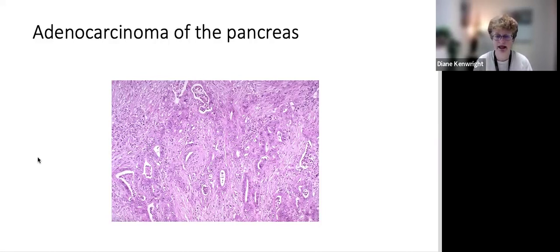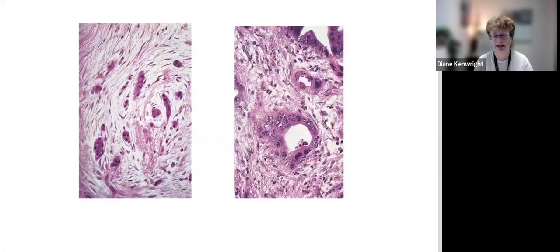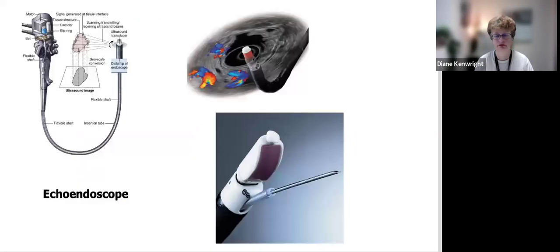We have malignant glands infiltrating through pancreatic and adjacent tissue, composed of pleomorphic, mitotically active neoplastic cells that form ducts, trabeculae, and isolated cells. So how do we diagnose them?